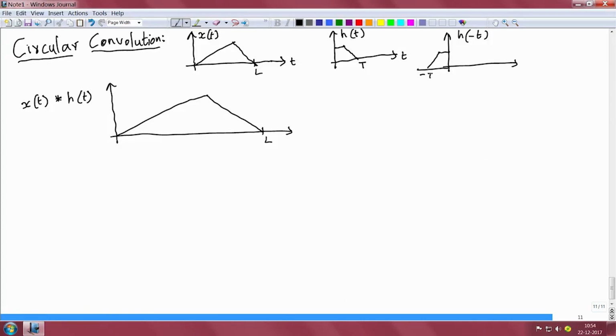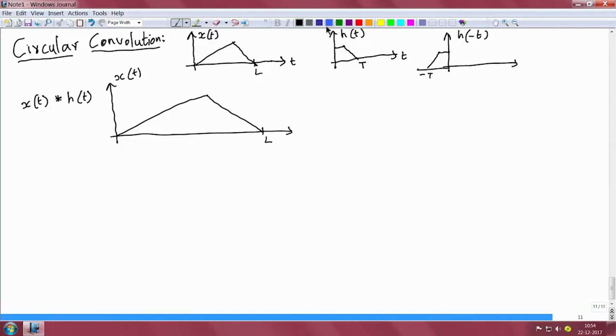We overlap this h of minus t at different shifts with respect to x of t, and then multiply and add.